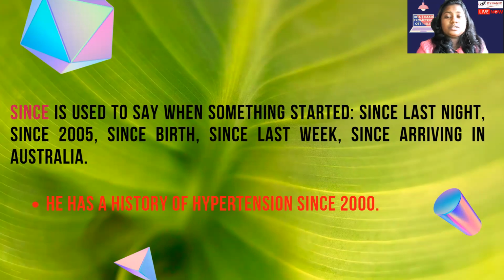Usually it is given in the case notes in the past medical history. Patient diagnosed with hypertension in 2000. So that means from 2000, this person has had hypertension. Hope you understood the difference between for and since.